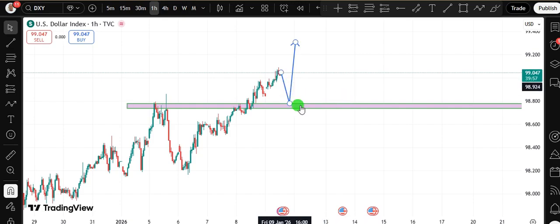So that means we are likely to see something like this happening. Remember, the dollar index tells you about dollar strength. So when the dollar gets bearish, there will be a bearish movement on assets having USD as their base currency, and when the dollar gets bullish, there will be bullish movement on them.